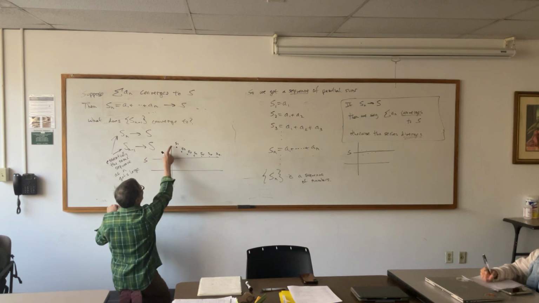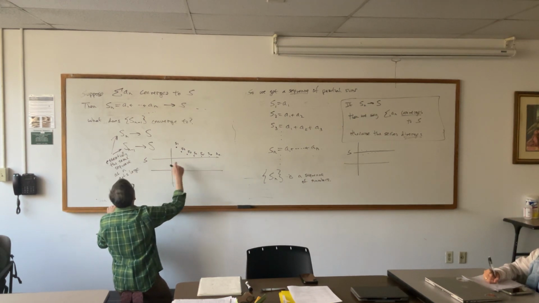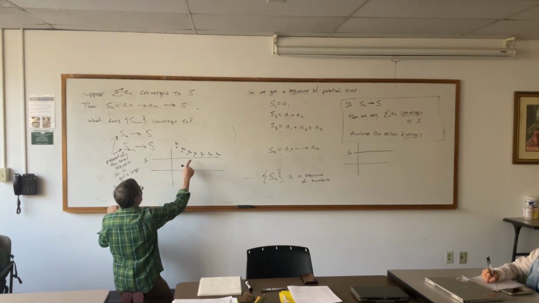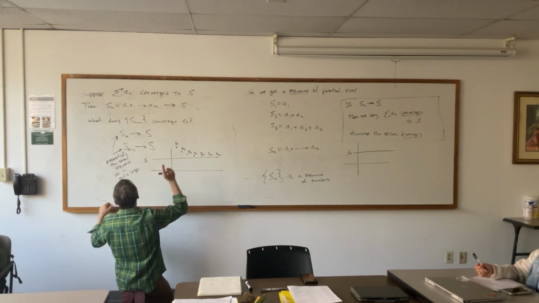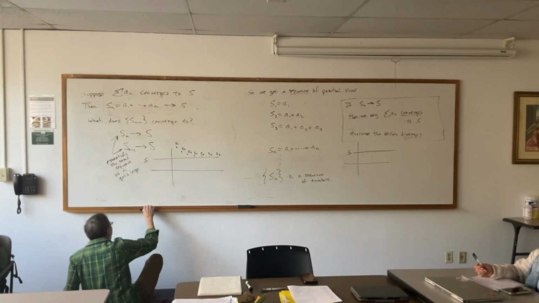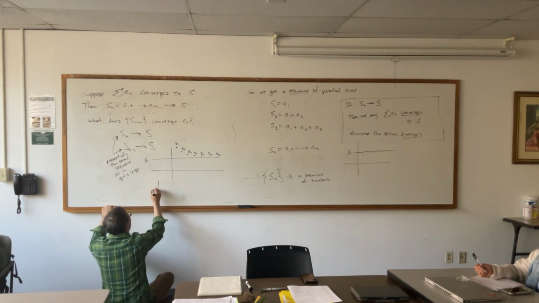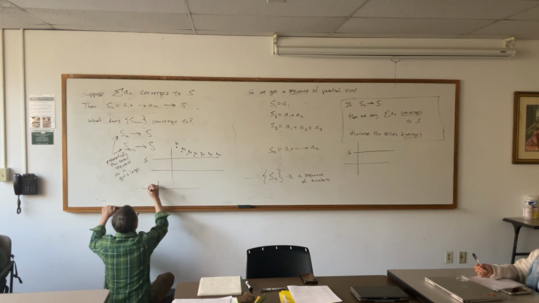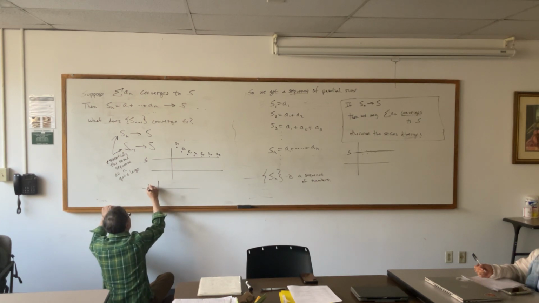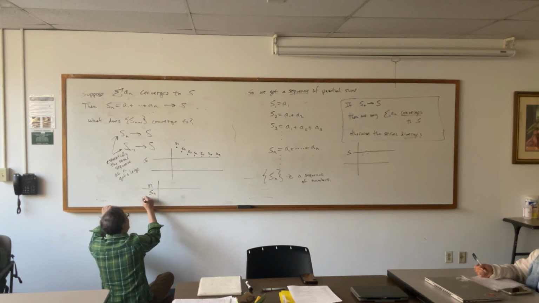So if I call this S sub 1 or S sub n, I'm trying to think of a way to explain this, but now I think I do have it completely. So here's n, and here's S sub n, and then here will be S sub n minus 1.